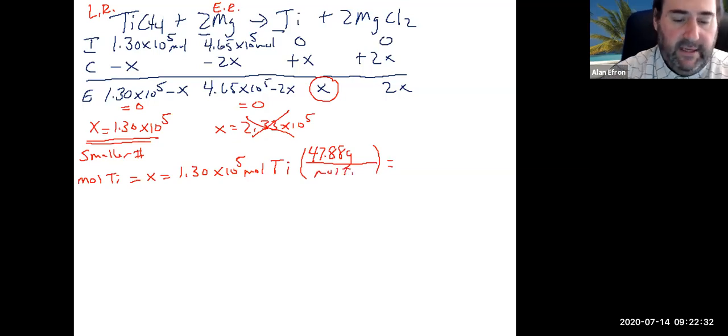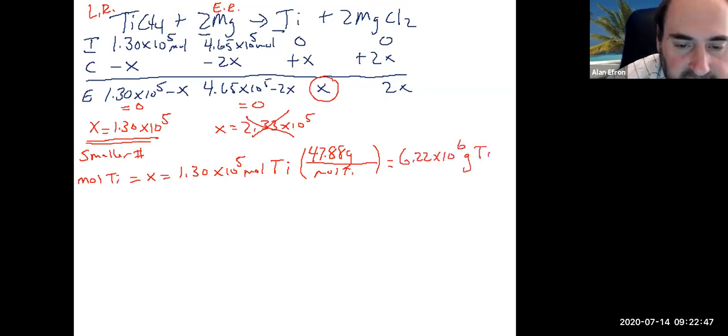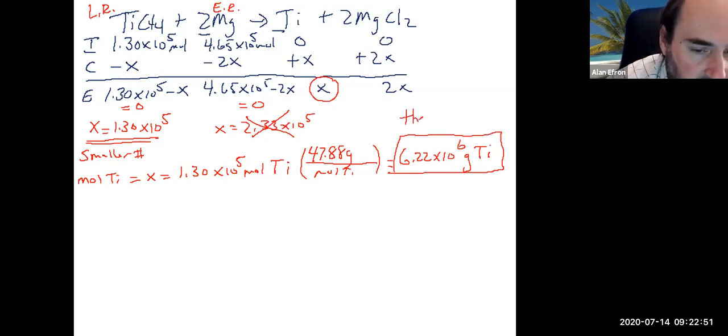That will get us 6.22 times 10 to the sixth grams of Ti. This number here would be our theoretical yield. Any questions on that?